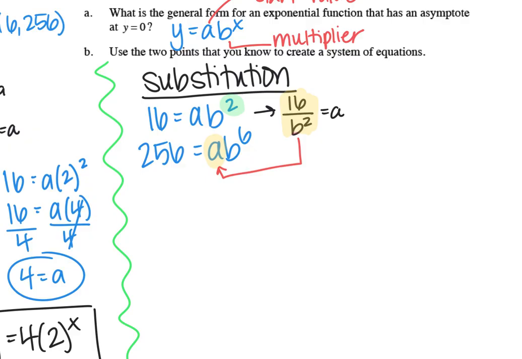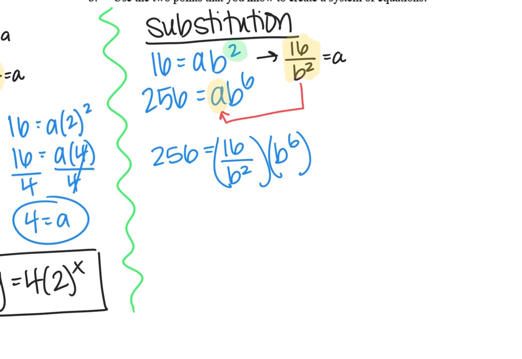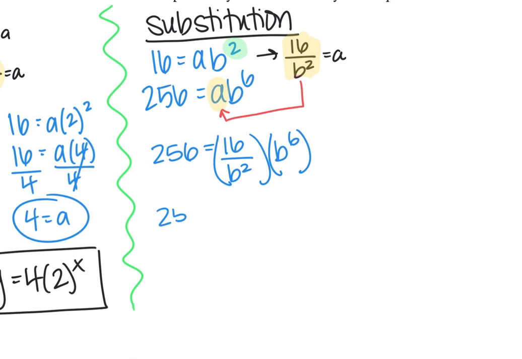So here's what I've got. 256 equals 16 over b squared times b to the 6th. This now gives me 256 equals 16b to the 6th over b squared, and I'm going to simplify my b's.